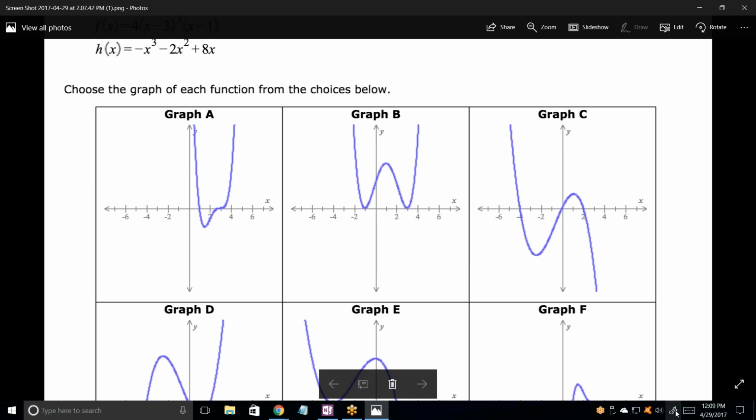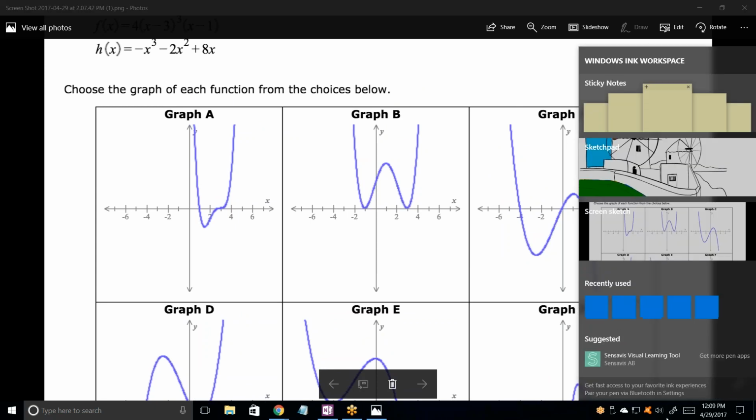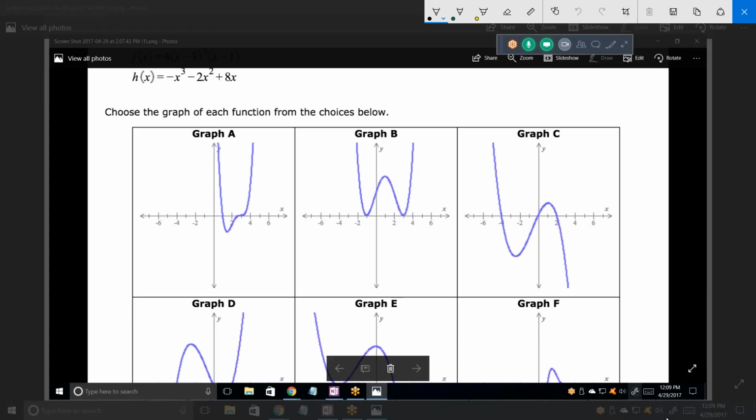What's the first function? First function is 4 times the quantity... What's it called? G of x? F of x. Equals 4 times the quantity x minus 3 to the third, and this times the quantity x minus 1.